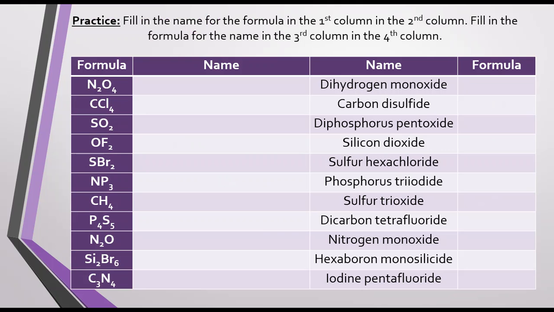Now let's do a few examples together real quick. Basically what I want you to do here is take the formulas over here and write the name, and take the name over here and write the formula for practice. So N2O4, what does the 2 tell me? What prefix should I use here?